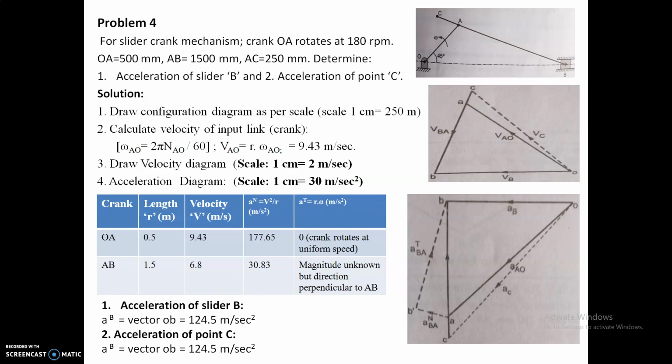It is anticlockwise, so o is on the right side and the length of oa is on the left side, because the direction of omega is given anticlockwise. Accordingly, you have to take the length as per the direction of omega.